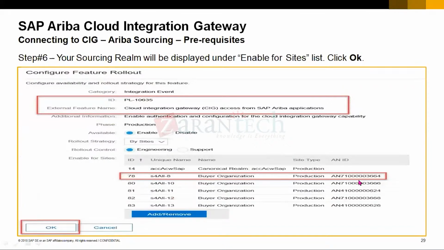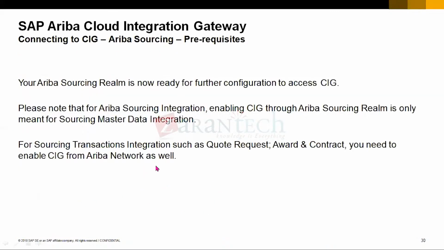And here they will be able to see the client or customer EN ID information. Based on that, they will review all those things, and if this is good, they will click on OK. After hitting OK, that means the CIG component has been added to your customer license. That's it.